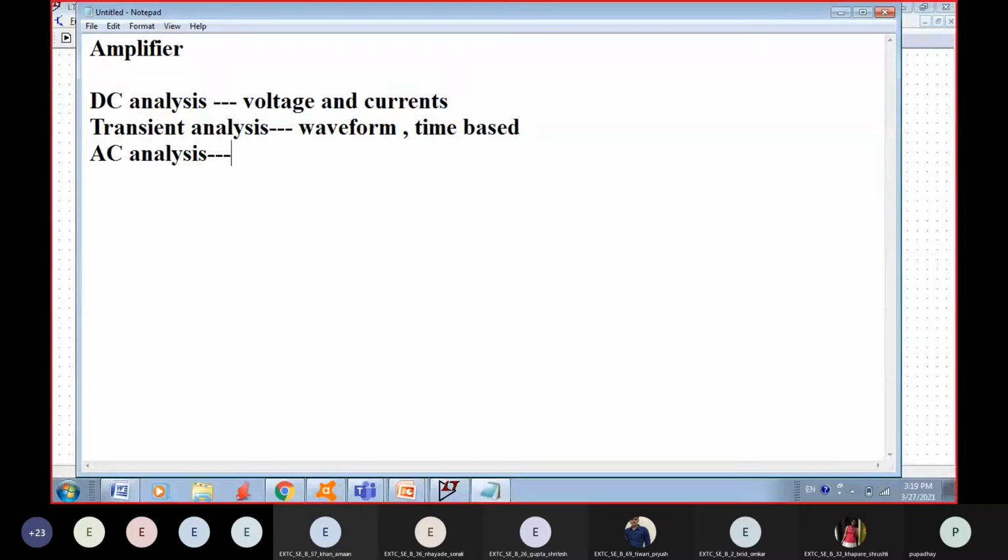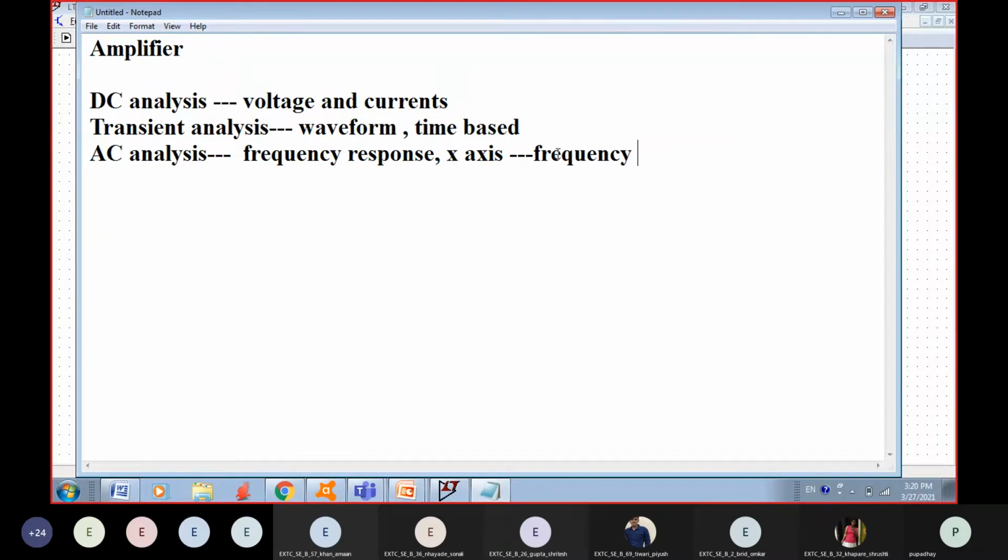AC analysis in LTSPICE is actually the frequency response. The key term is AC analysis, but what you get is the frequency response, where on the x-axis you have a number of frequencies and the y-axis tells you the corresponding amplitude, something like a Bode plot.